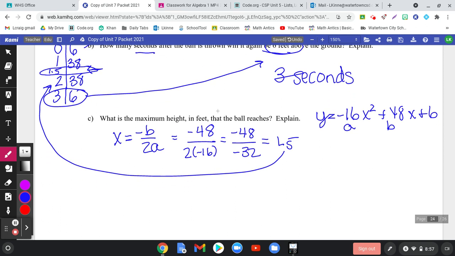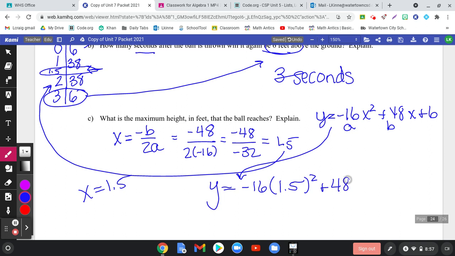If you wanted to actually figure out what the y value would be there, plug it into your equation. So again, taking this equation, we know that x is equal to 1.5, so we'd plug it in. So negative 16 times 1.5 squared plus 48 times 1.5 plus 6.